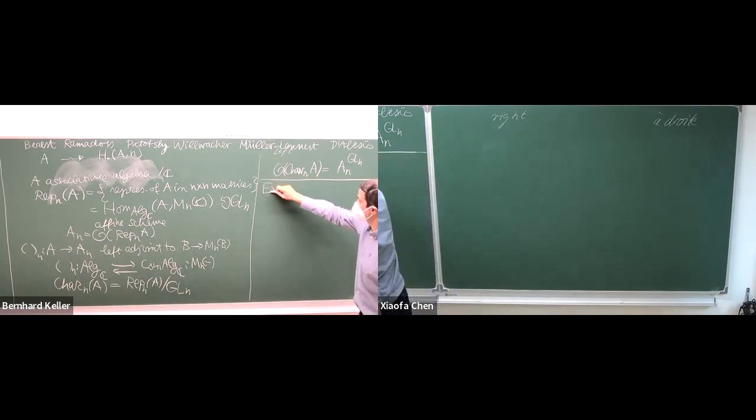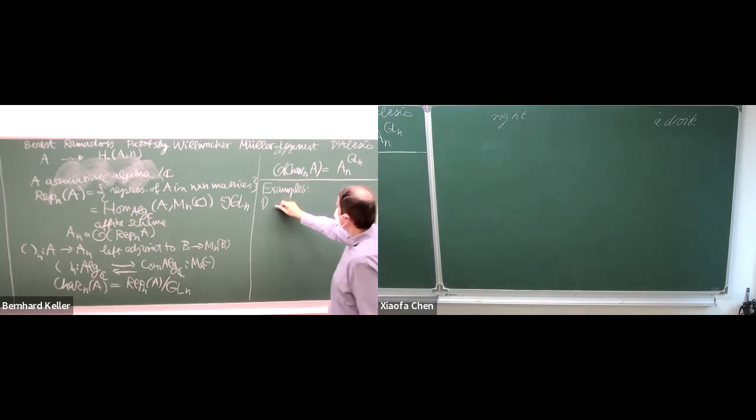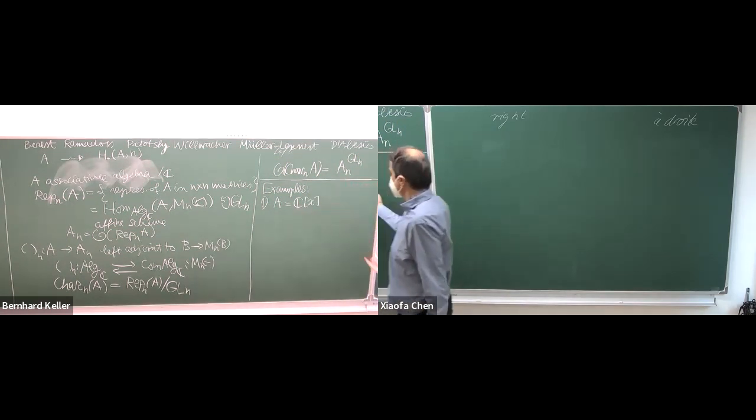Okay, so let me give a couple of examples of what we are interested in. The first example is easy. You take just polynomials in one variable. So this is a commutative algebra. You treat it as an associative algebra, and you want to see what the representations of this algebra are.